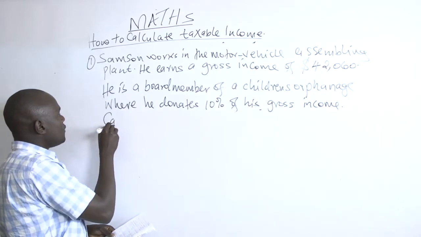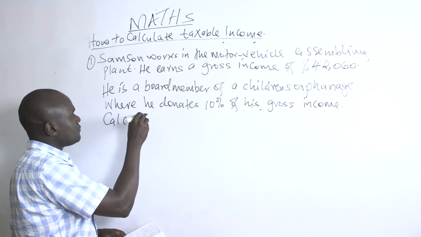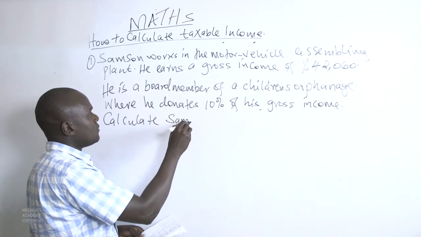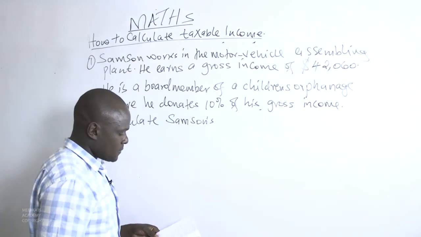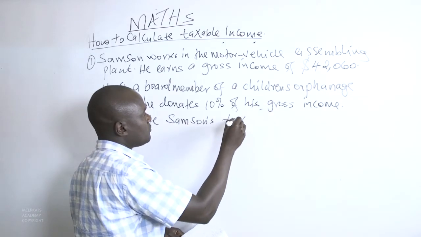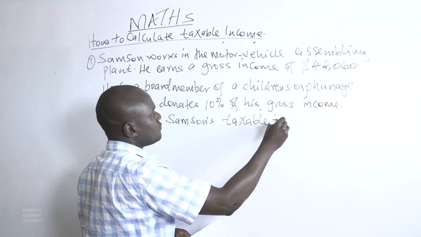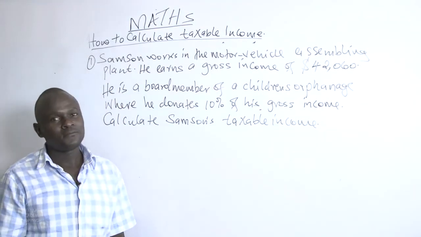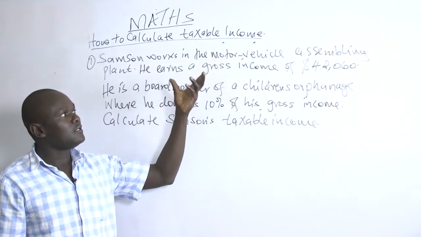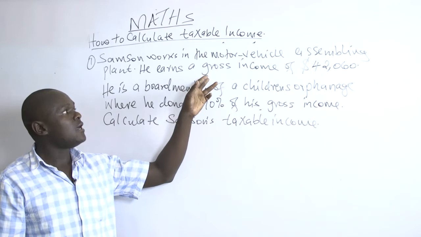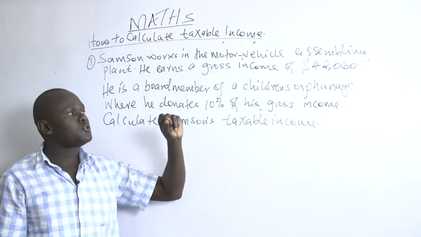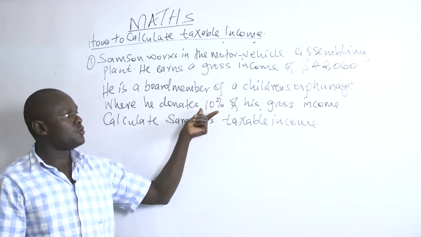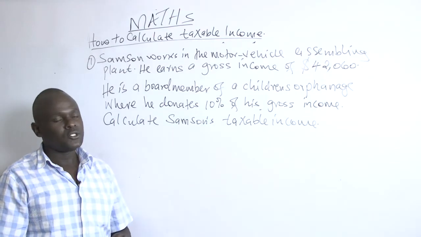So the question is for us to calculate Samson's taxable income. He works in a motor vehicle assembling plant, and he earns a gross income of $42,060, of which he donates 10% to the children's orphanage.